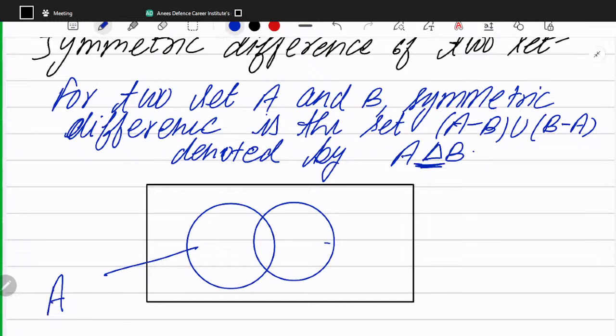If this is A, this is B, no doubt this is a universal set.